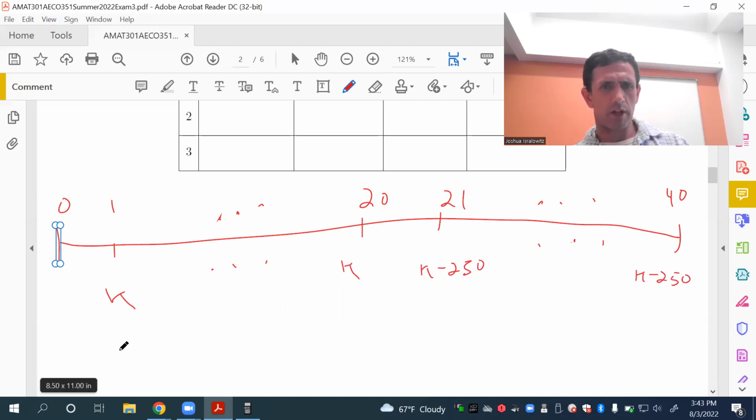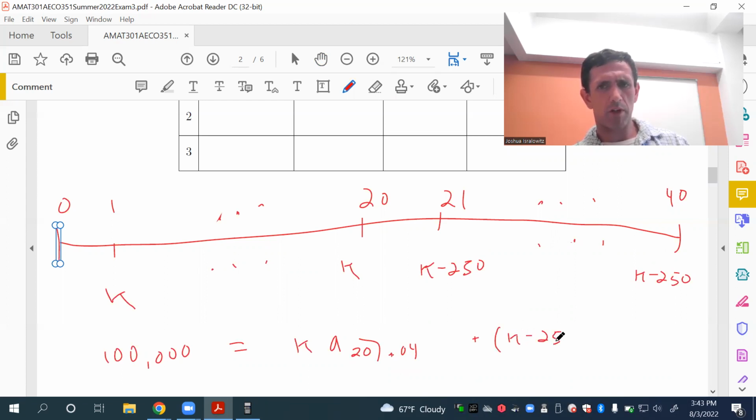Okay, so it's a $100,000 loan. 100,000 is the present value of these payments. So first 20 is K a angle 20 at 4%, 0.04. For the next 20 years, the payment is K minus 250, also a angle 20 at 4%.